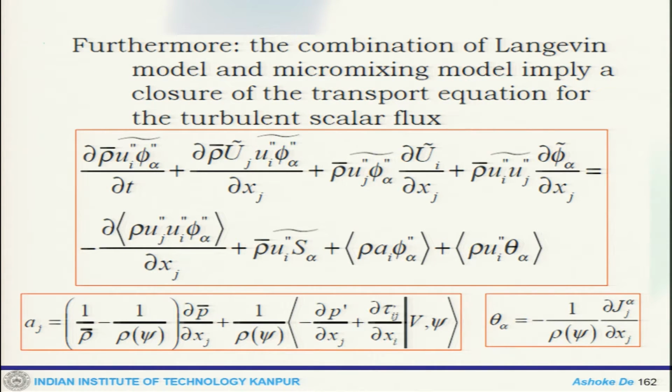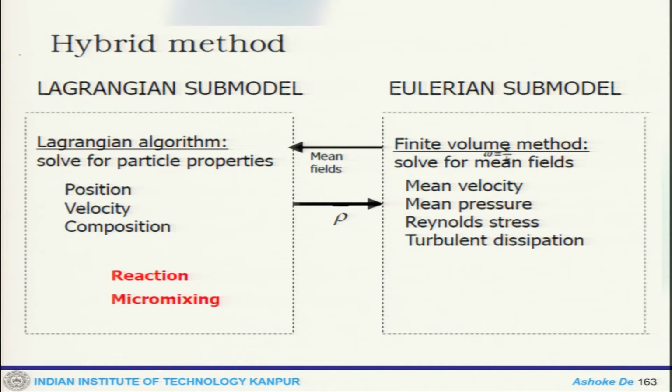Now, further there would be a combination of the Langevin model and the micro-mixing model. So, that will close the transport equation for the scalar flux. Now, if you look at the scalar flux, this is how you get it, and this is the term which will appear in the closure, and this is the theta alpha. So, that is how you close this term, and then you go to the solution approach, which is again in the hybrid framework.